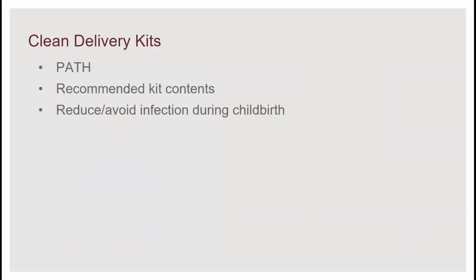And here is an example of a different kind of kit. This one is the Clean Delivery Kit, designed by PATH, but not produced or distributed by PATH. Rather, it is the list of recommended products to include in the kit, but with the intention that the individual products that make up the kit will be procured locally and then also assembled locally into kits for distribution.